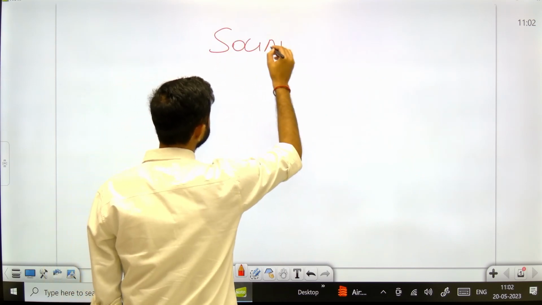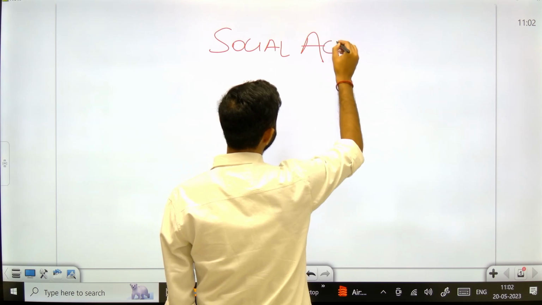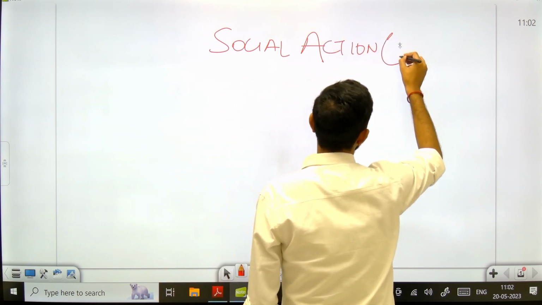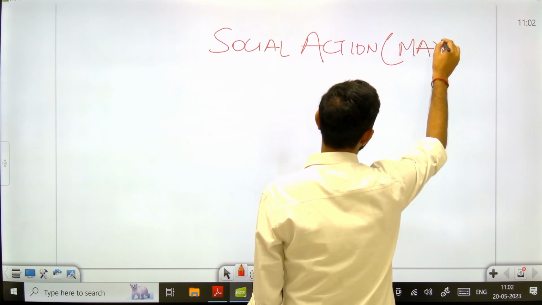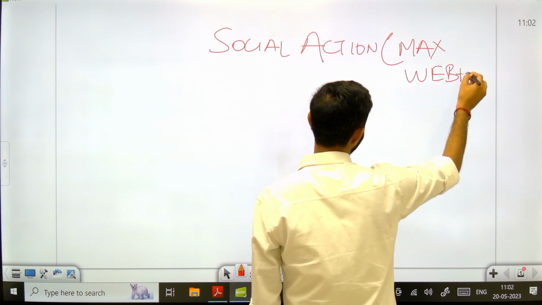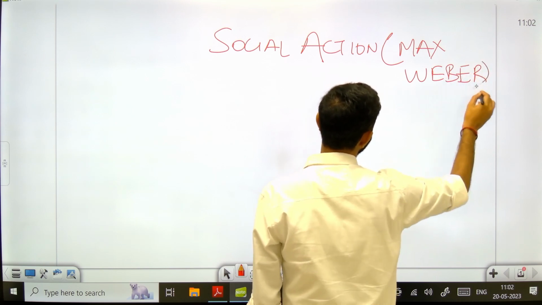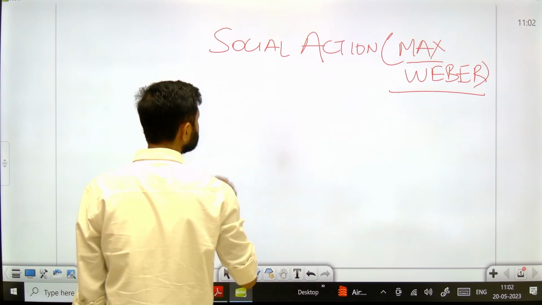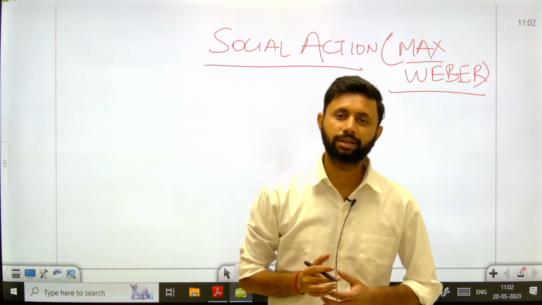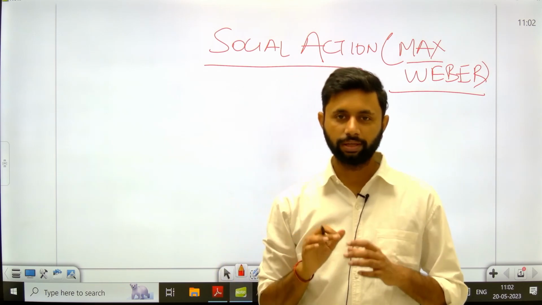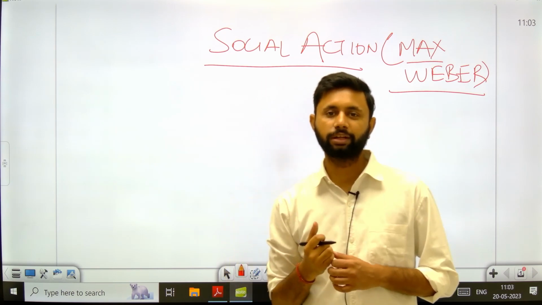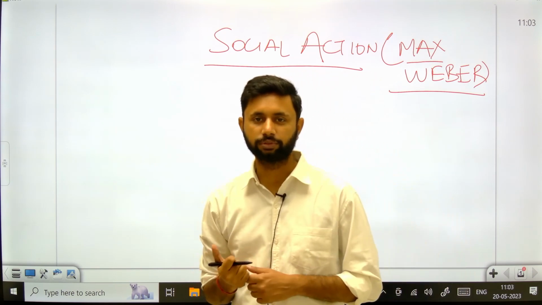Social action perspective, Max Weber. Remember the scholar, please. Only the scholars will help you in the main examination. In social action, the perspective says the relationships in an industry, or the industrial relations, will be dependent upon the individual motivations of groups and individuals.